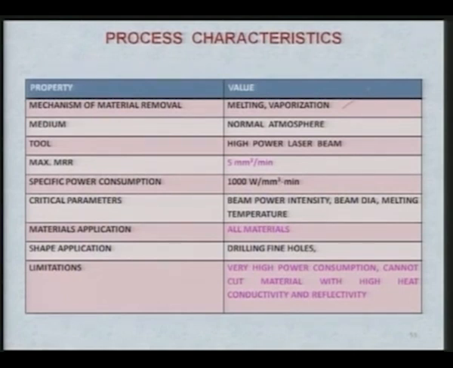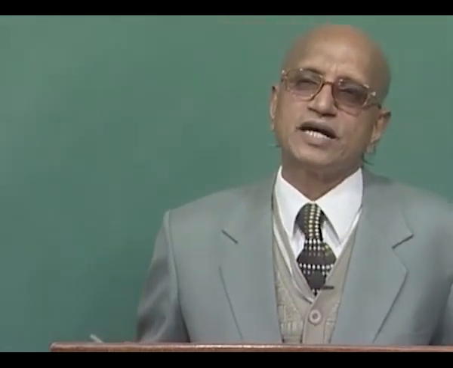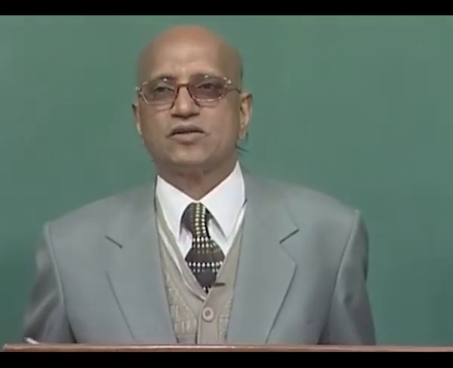Critical parameters are beam power intensity, beam diameter and melting temperature of the workpiece material. Materials applications, you can apply it for all materials, it may be electrically conducting, electrically non conducting, magnetic, non magnetic, metals or non metals, but laser beam micro machining is not good for those materials which have high reflectivity, such as copper.